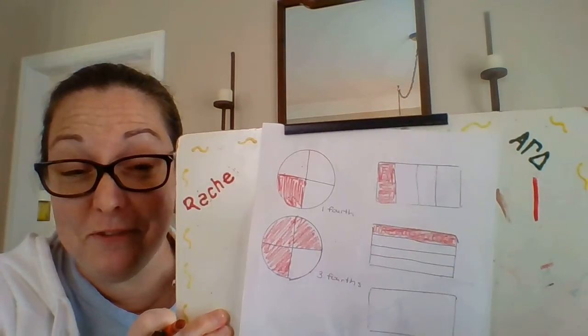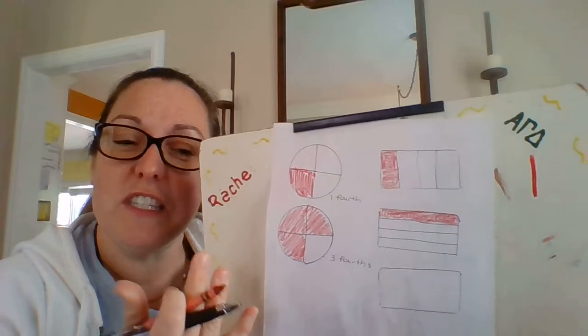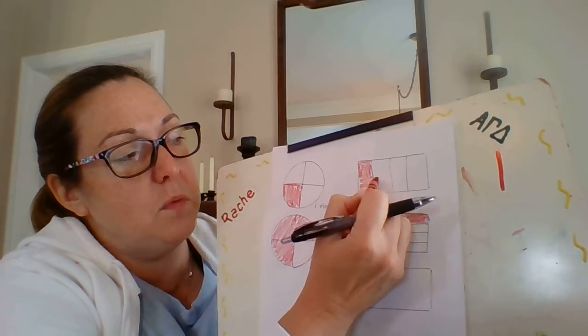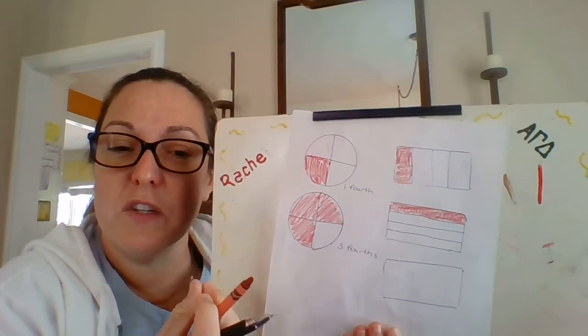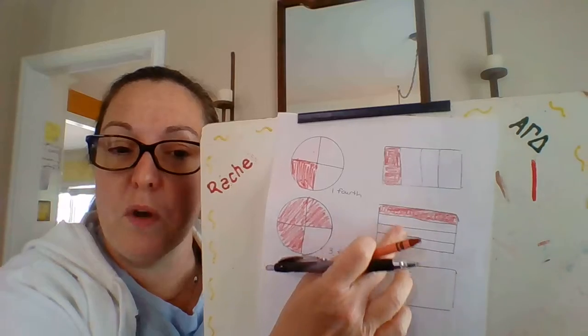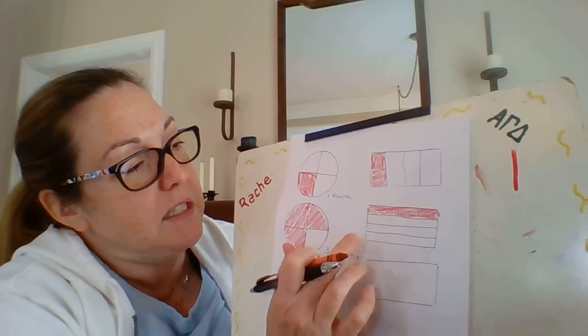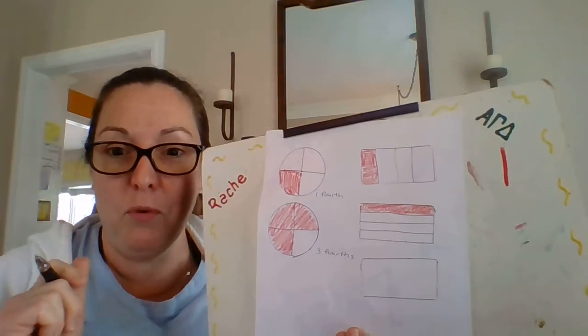Okay, is that 1/4? You betcha. It looks different. This is still 1 out of 4 equal pieces, and this is 1 out of 4 equal pieces. The same rectangle, just the pieces look different, but they're all the same because they're equal pieces. So 1/4 of this rectangle could look like this.